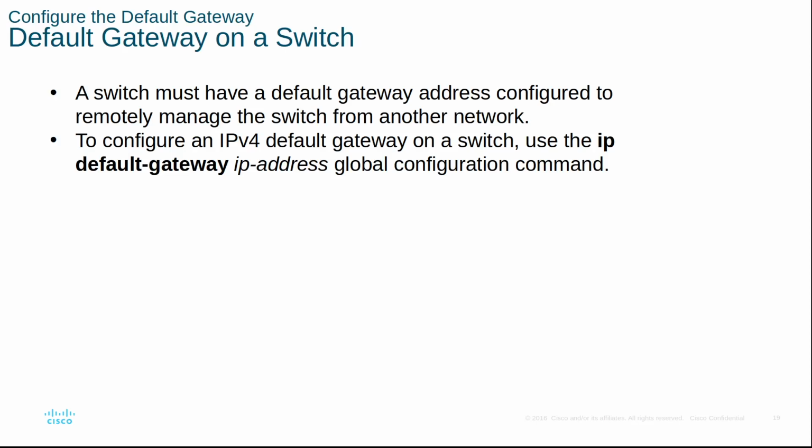You do that in global configuration by issuing the command IP default-gateway, and then give it an IP address of that interface that's the default gateway, and you'll be able to remote access into that switch and do things. Sound good? Hopefully. Right then.